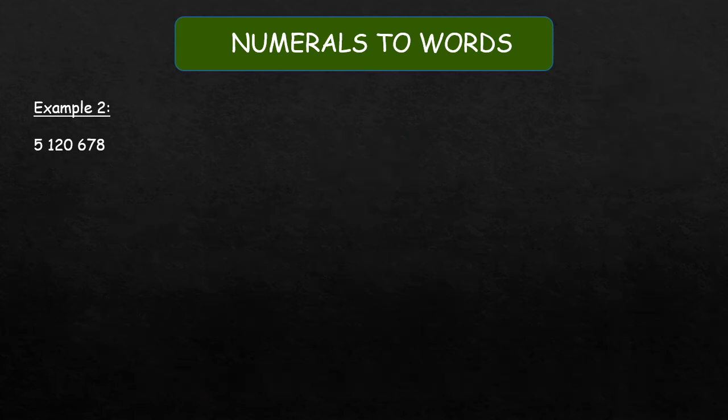Example 2, for changing from numerals to words. First thing first is I'm gonna make the numbers bigger over here, and then we're just gonna quickly label the place value so we all know that this is ones, tens, hundreds, thousand, 10,000, 100,000, and million.